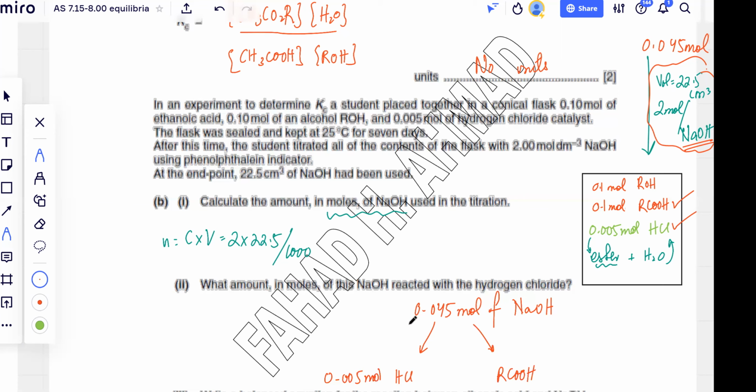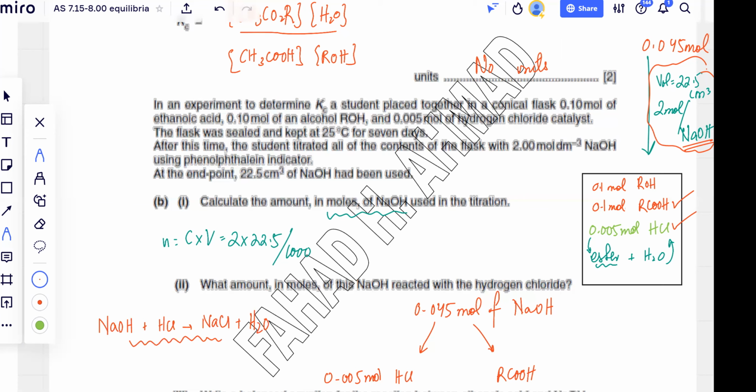In what ratio do NaOH and HCl react? What's the equation? NaOH plus HCl gives NaCl plus water, right? It's 1:1. Is that clear?